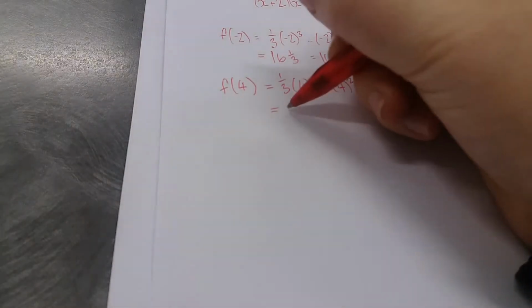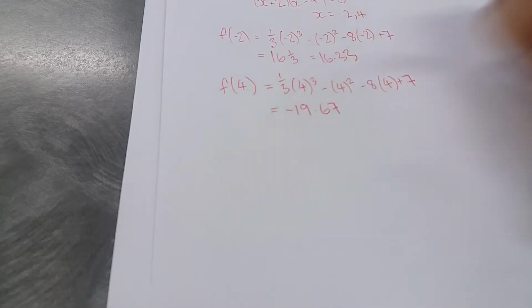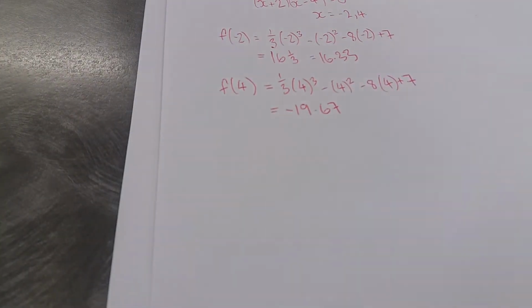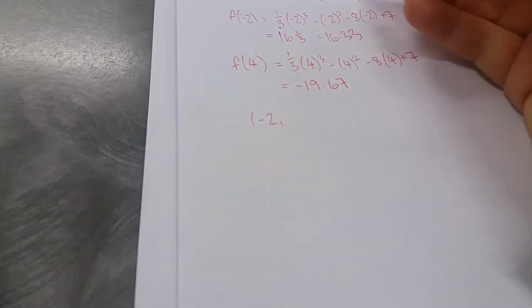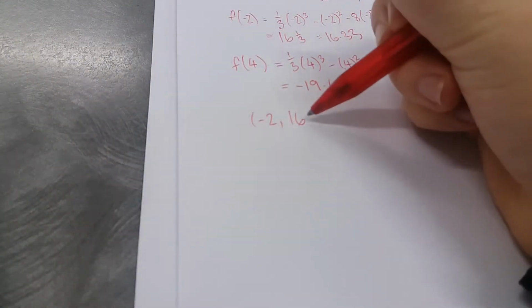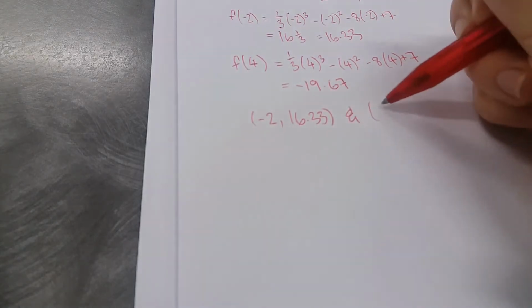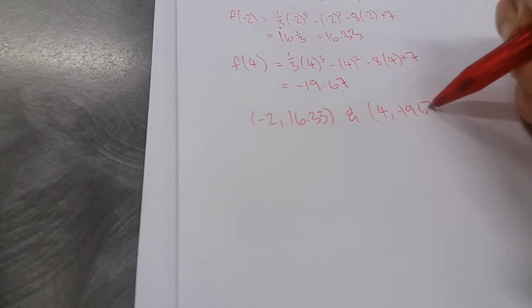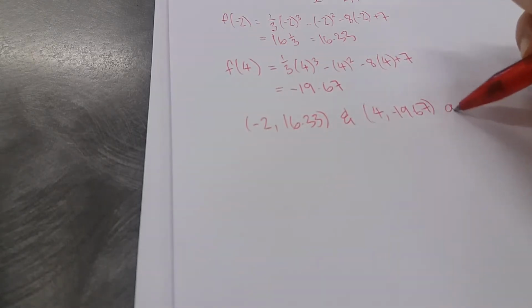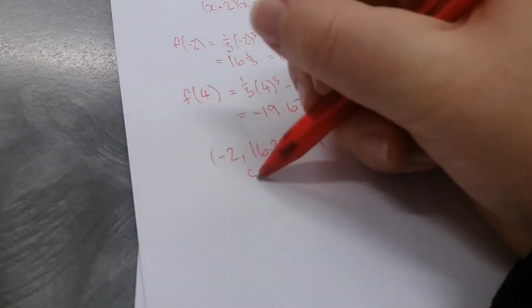And that comes to negative 19 2/3 or 19.67. So now we've got our 2 points, negative 2, 16.33, and 4, negative 19.67 are the stationary points.